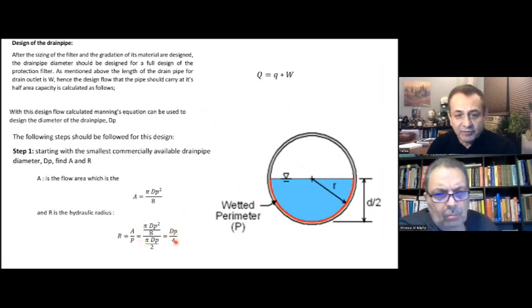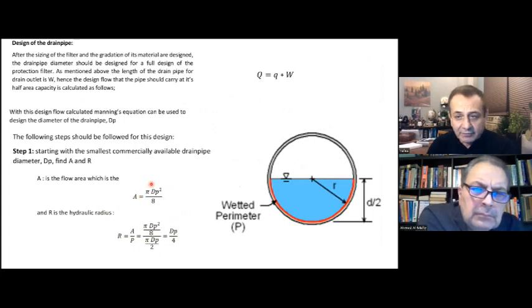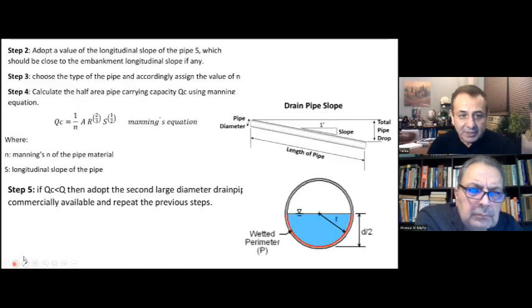So D p over 4 is the same for half flow or full flow. The only change in the Manning equation is the area for a full flow. Instead of being divided by 8, it's going to be divided by 4, pi d squared over 4. And that means Q full will be QC multiplied by 2 because only the area will be multiplied by 2.